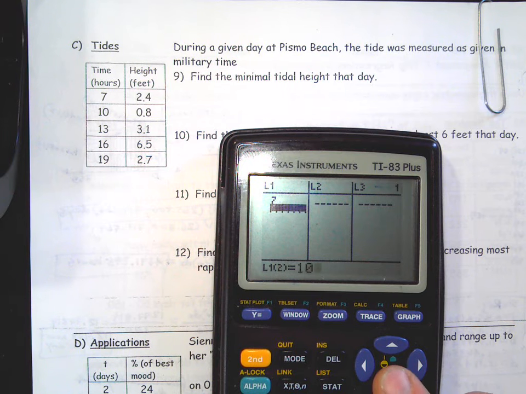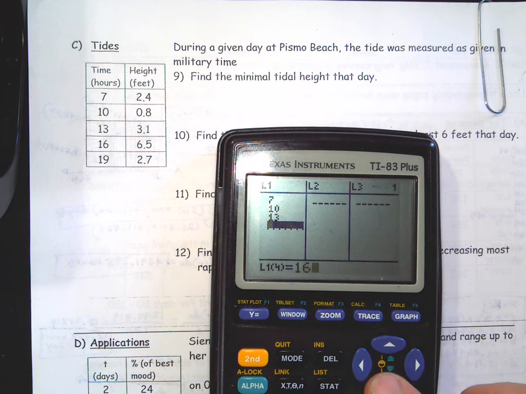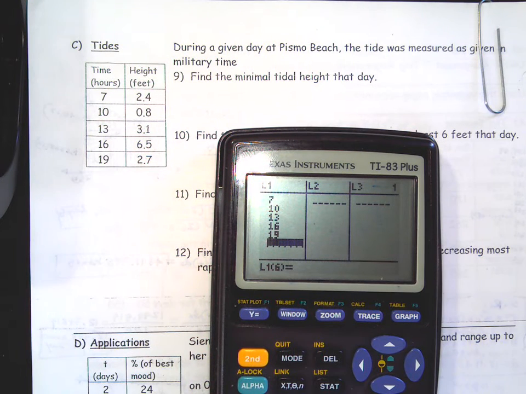7, 10, 13, 16, 19. Now, they're giving you 24-hour time. If they gave you AM and PM times, then you would need to change it to 24-hour time. Otherwise, it's going to confuse AM and PM and think they're really the same times, which they're not.